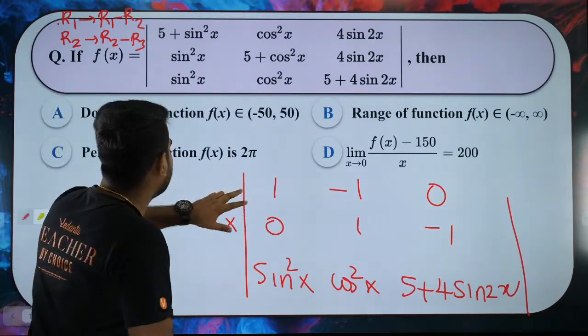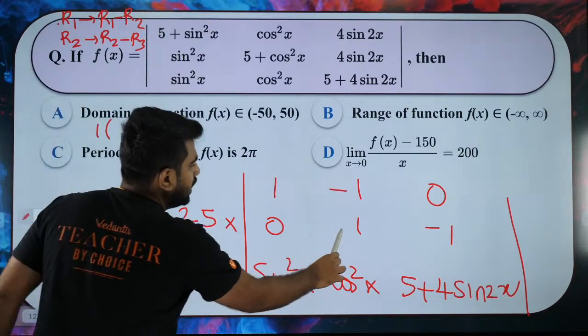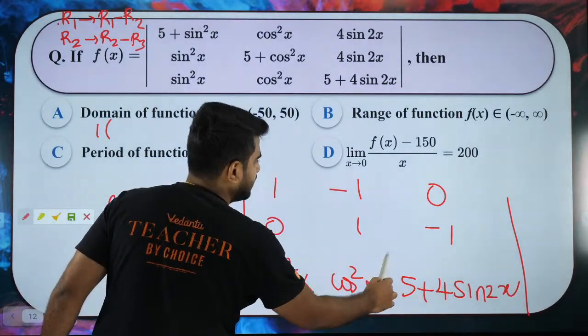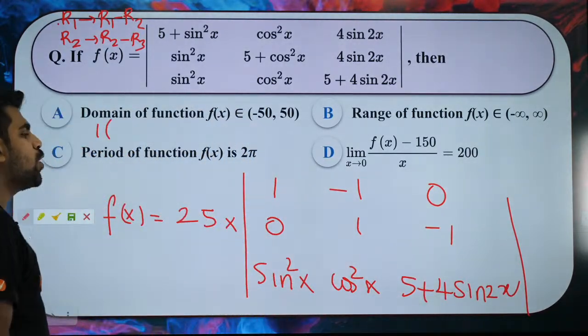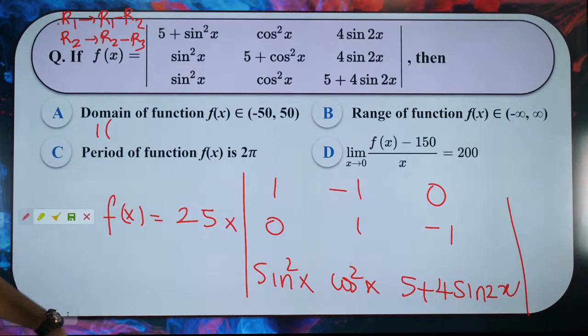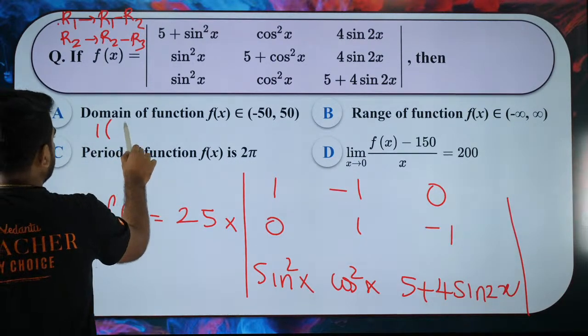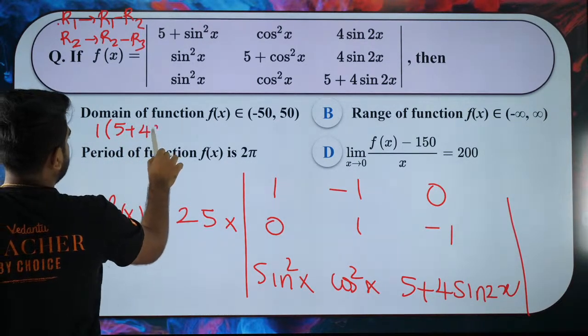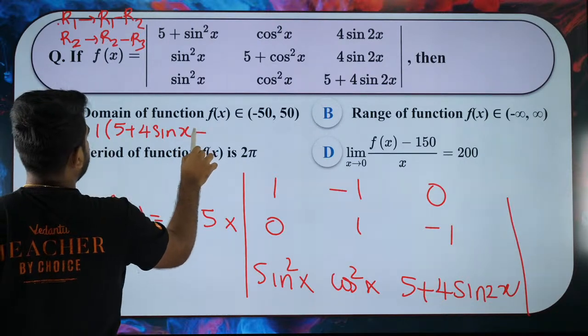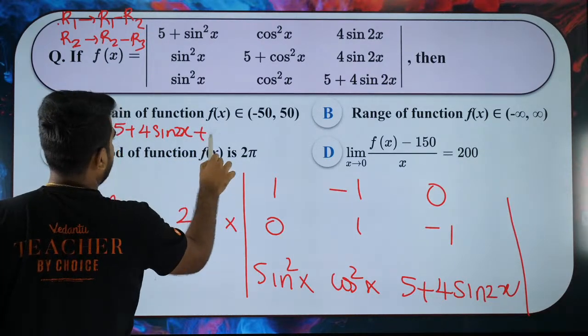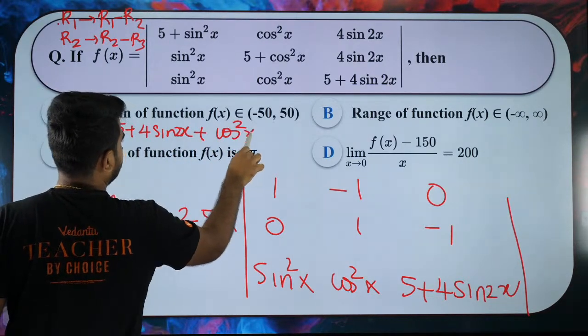Okay. So let's open it directly. So it will be 1 into 5 plus 4 sin 2x minus of minus cos square x. So it will become plus cos square x.